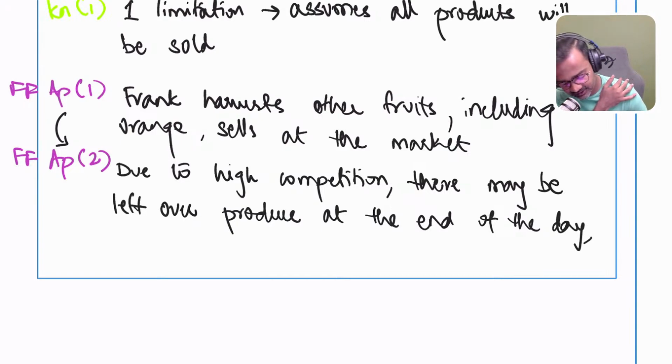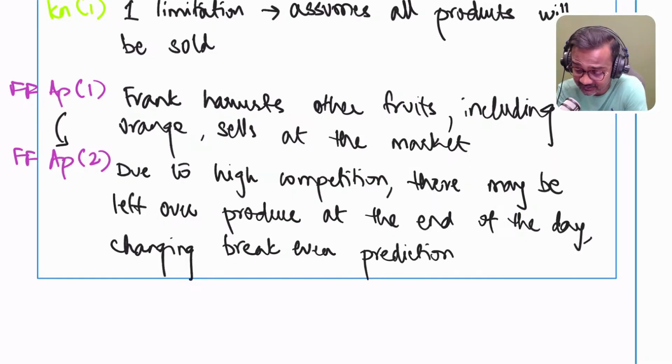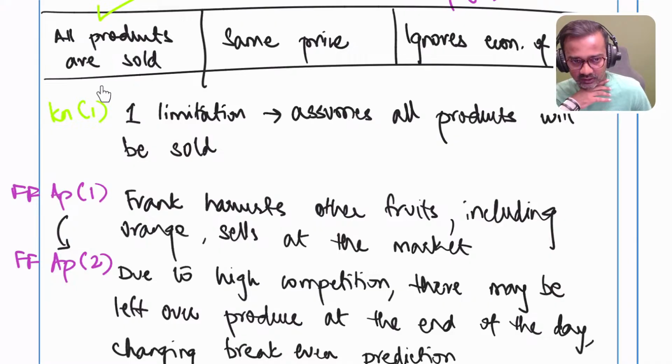And what it does is that it changes your break-even prediction, right? Basically what that means is, if you don't sell your targeted output today, and if it's unsold, then you'll have to do more tomorrow. So you'll have to do more calculation, because more produce means more cost, and all those things come into play. So this is where I've used the first point here, that all products are sold.